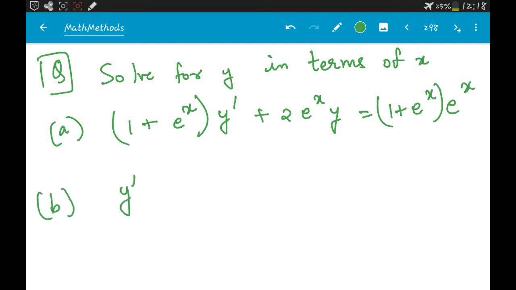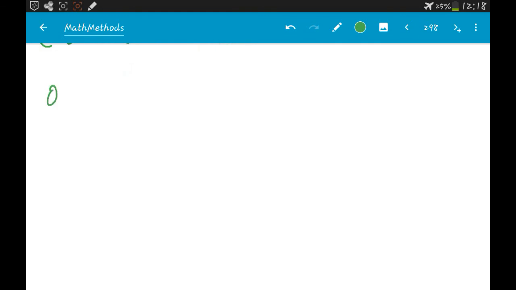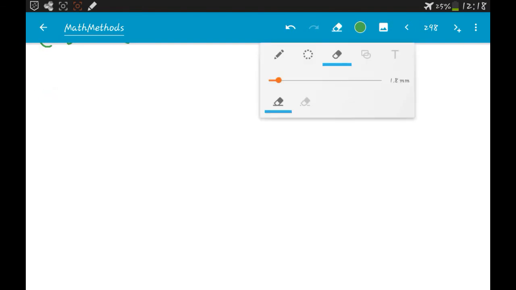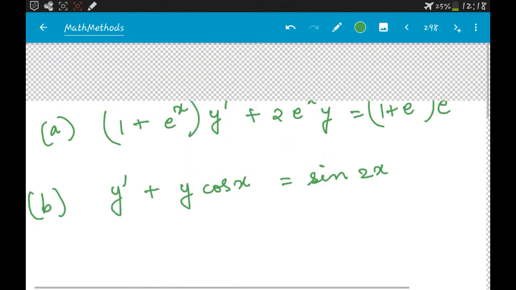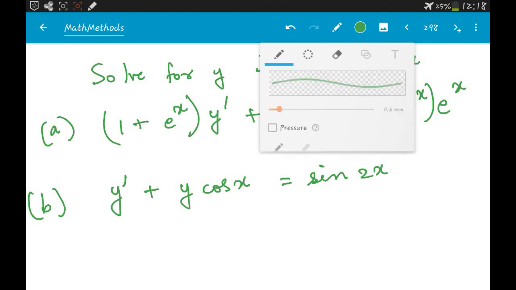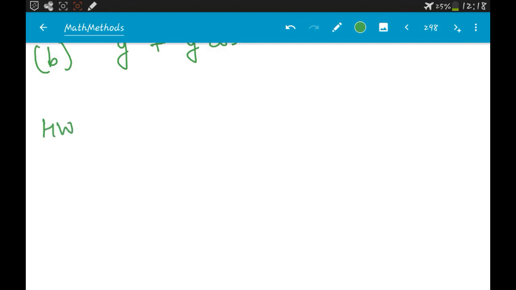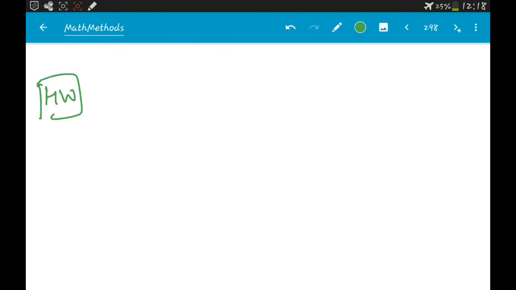B: y dash plus y cos x is equal to sine 2x. And the second question: these are homework problems, so don't get confused. The second homework problem will be displayed here. Alright.